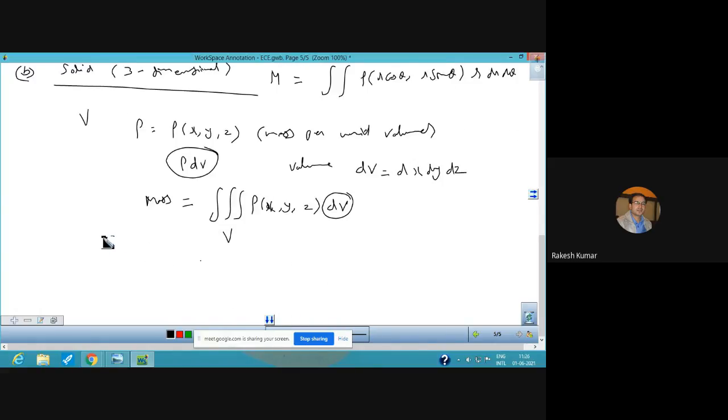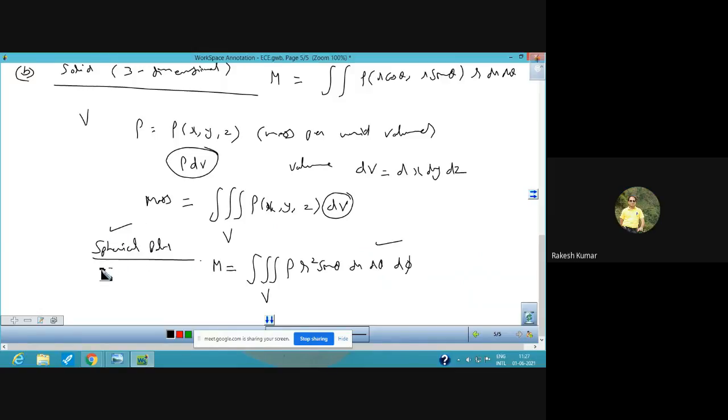In spherical polar form, the mass denoted by capital M is a triple integral over V of rho r squared sine theta dr d theta d phi. And you are well aware of the polar coordinates of a sphere. You already know about this.